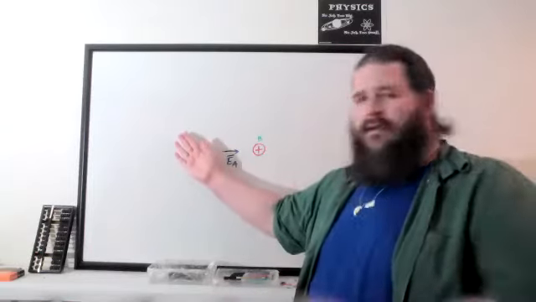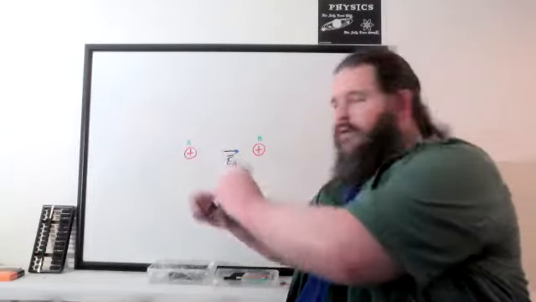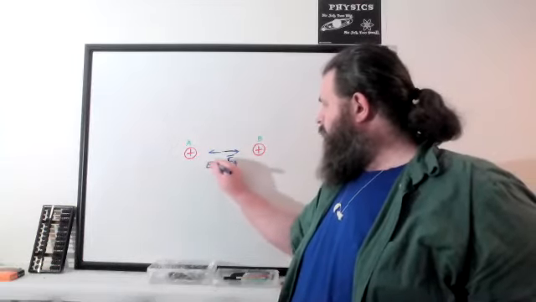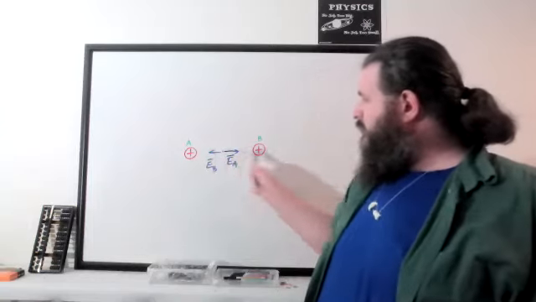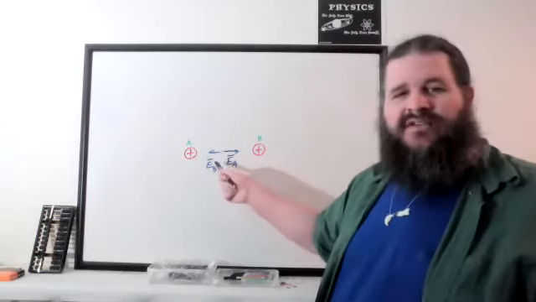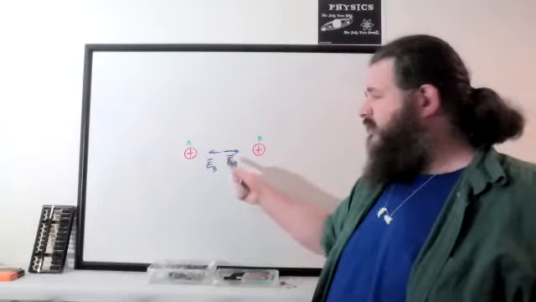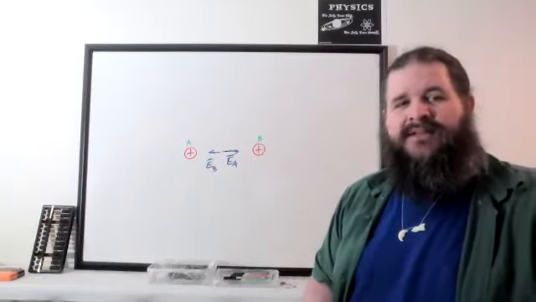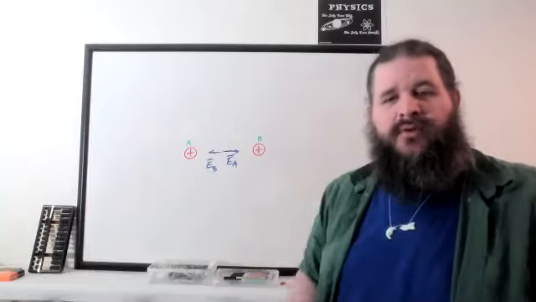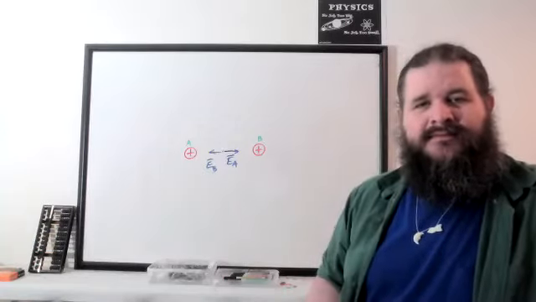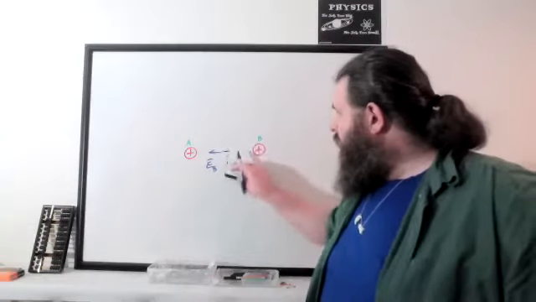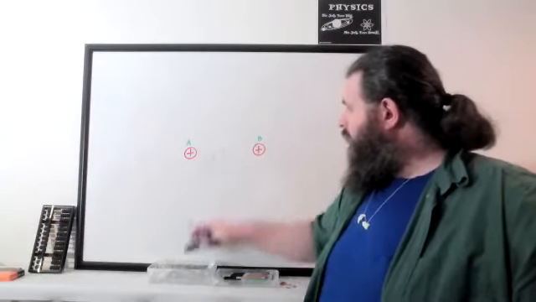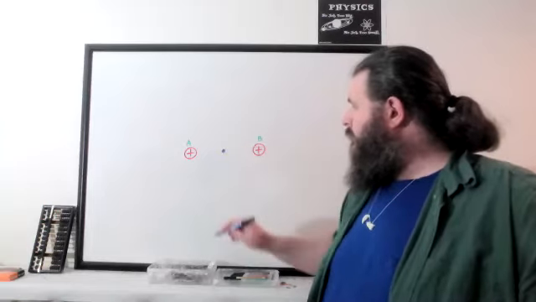So if we ignore A, B is creating electric field outwards, which means to the left. And if these are the same amount of charge and we're exactly in the center, what does that tell you about the strength of these two electric fields? Yeah, they're equal magnitude, but opposite direction. So when we add those, what do we get? Exactly, 0. So in the exact center, the electric field will actually be 0.